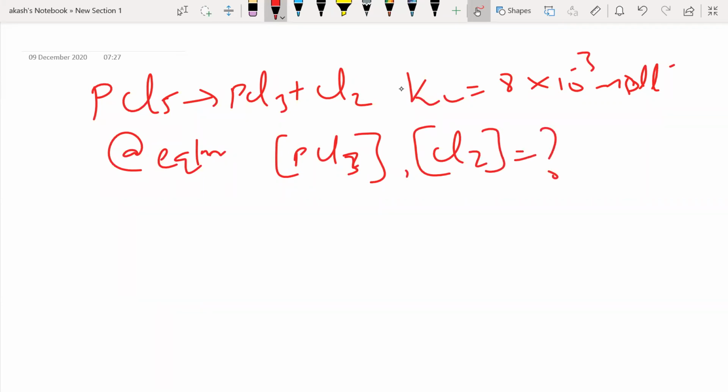That is what they're asking. The 0.05 mole per liter is not the initial concentration; it is the equilibrium concentration of PCl5, and they have given the equilibrium constant. Now we have to find the concentrations of PCl3 and Cl2.